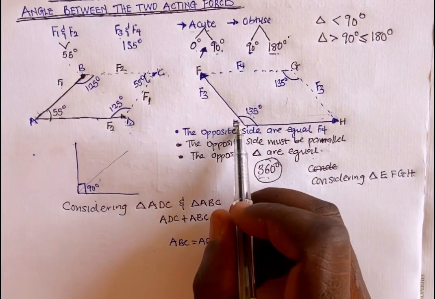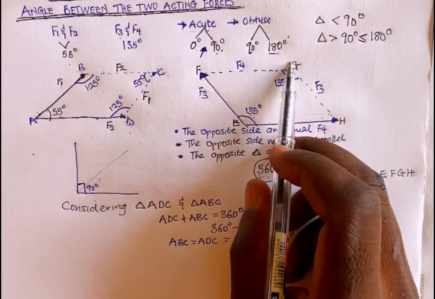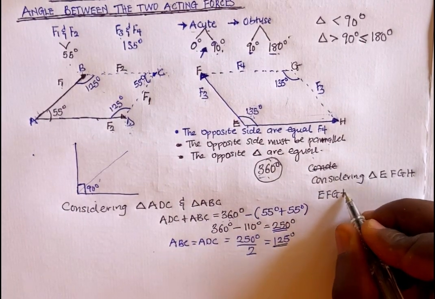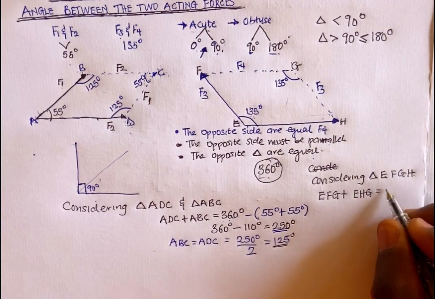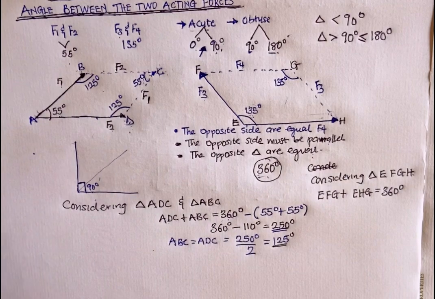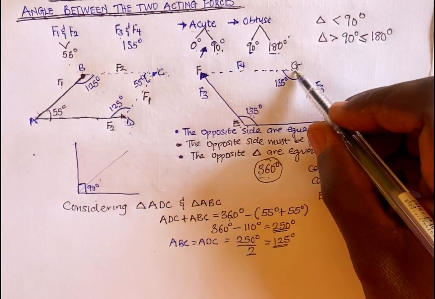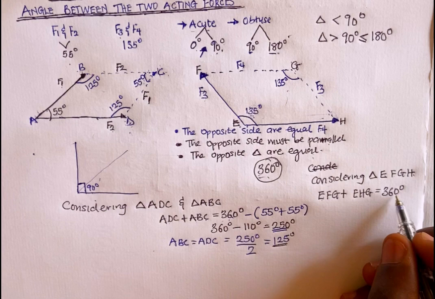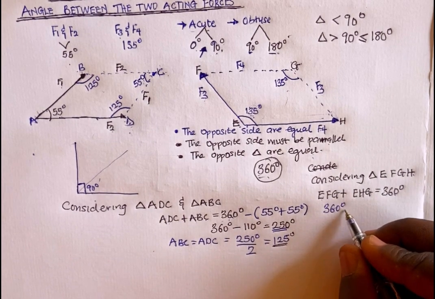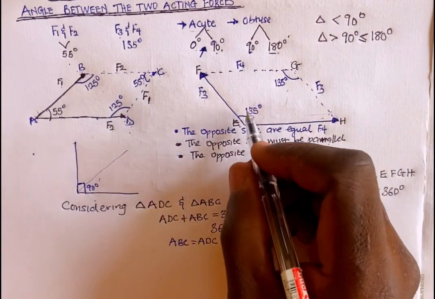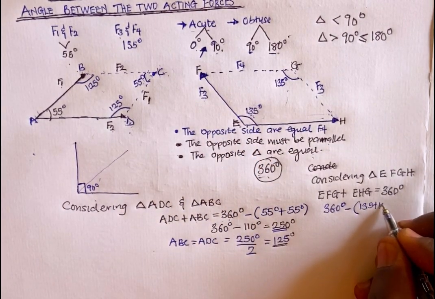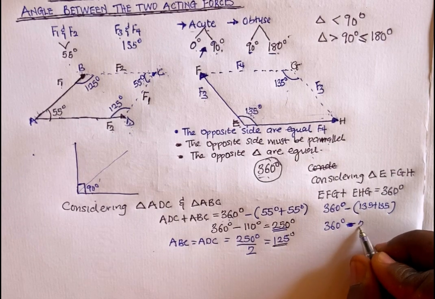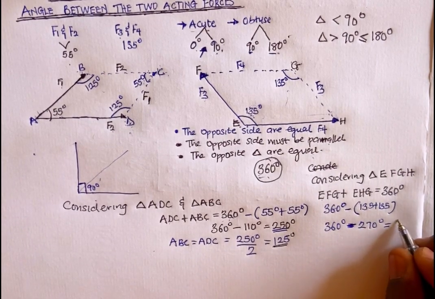That means angle EFG plus EHG must be equal to 360 degree, minus the two given angles, which are 135 degree each. So we have 360 minus, in brackets, 135 plus 135, which is 360 minus 270 degree, and this equals 90 degree.